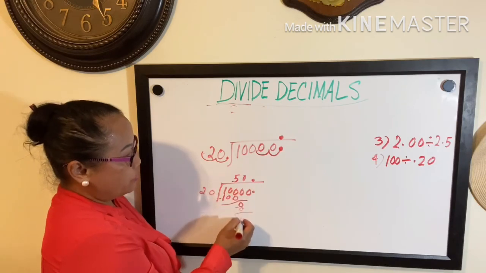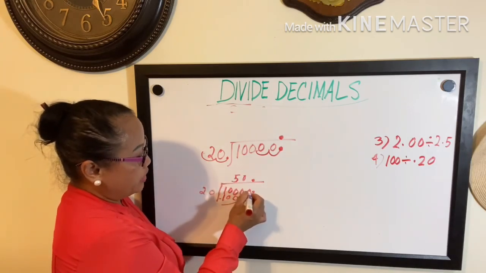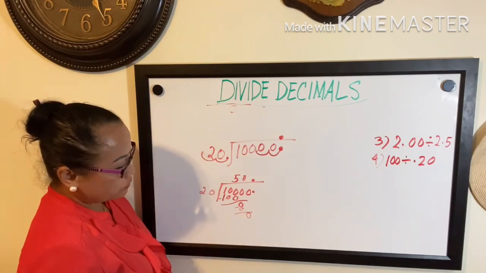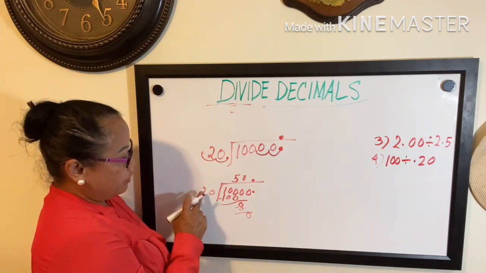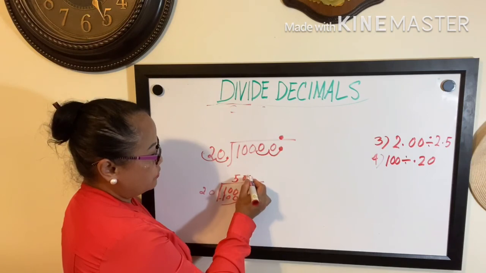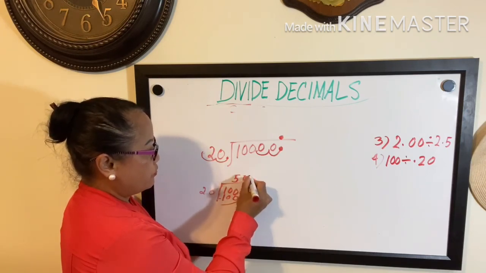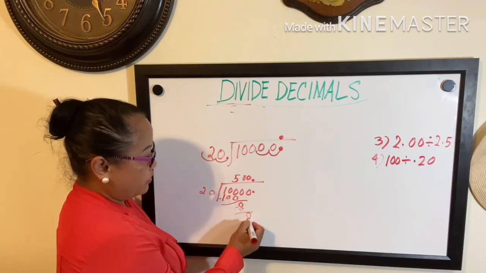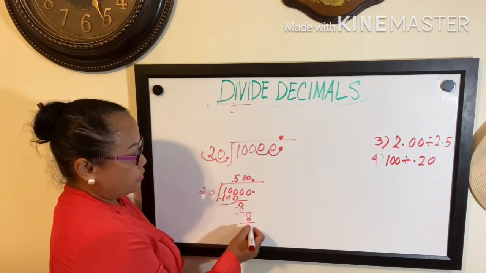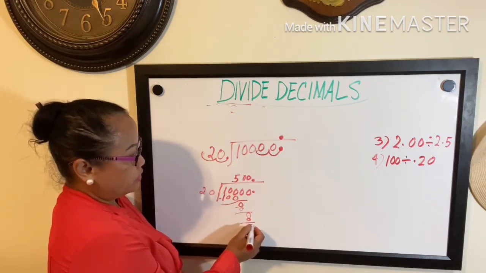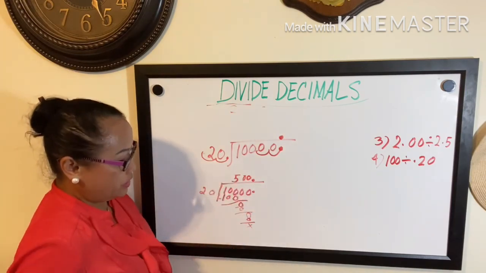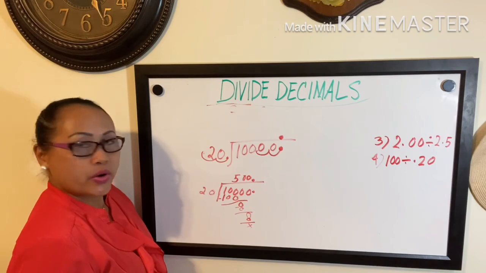So now we'll bring down the 0. 0 divided by 20 is 0. 0 times 20 is 0. So our answer is just 500. It's a whole number.